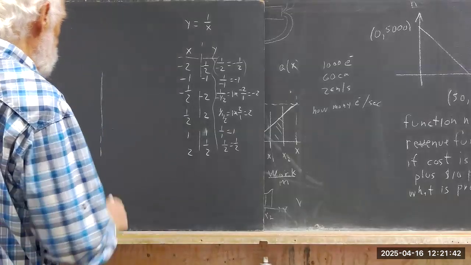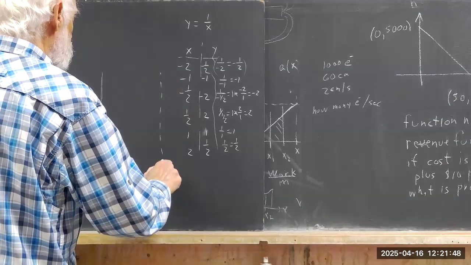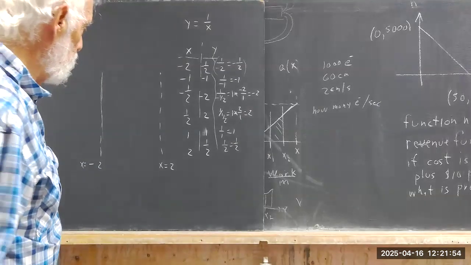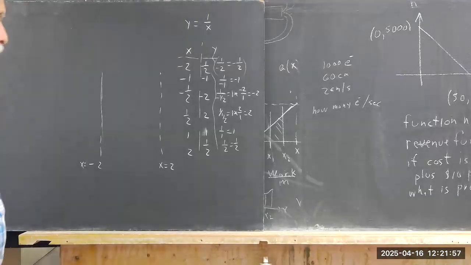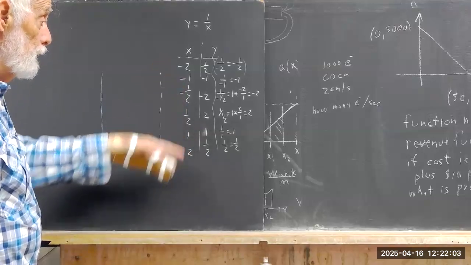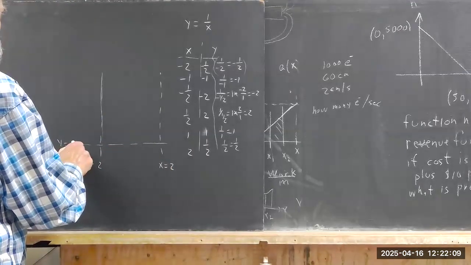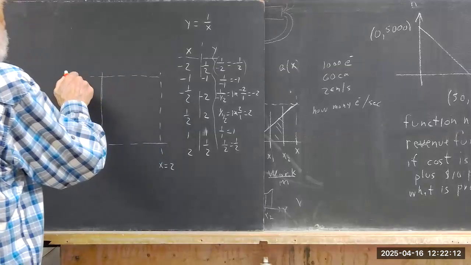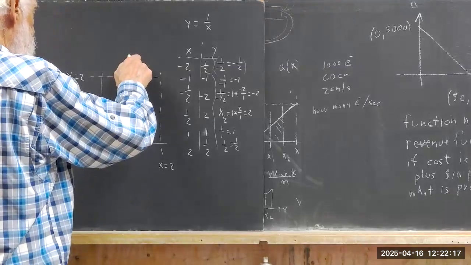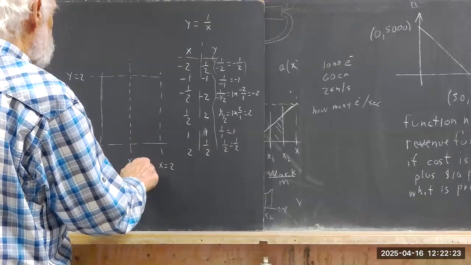Now, my x values go from -2 to 2. So I'm going to open a window between x equals -2 and x equals 2. My y values go from -2 to 2, right? Biggest negative y value is -2. The biggest positive y value is 2. So I've got to go from y equals -2 to y equals 2. Which means then that halfway here is x equals 0.